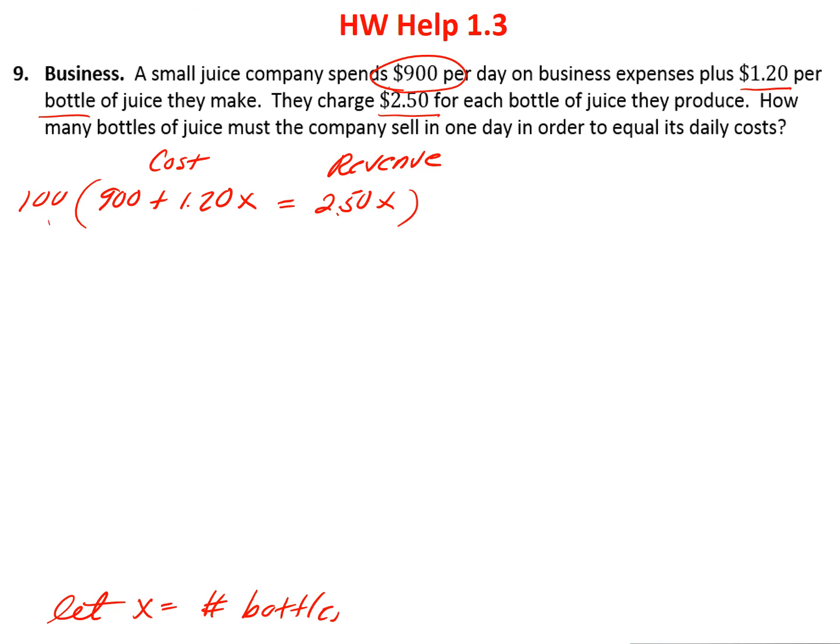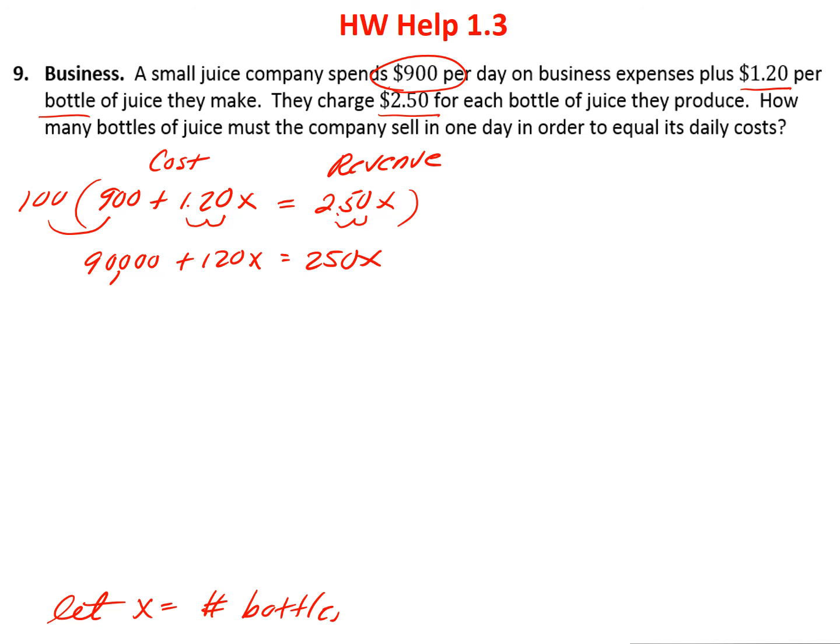Just be careful here. 100 times 900 is going to be 90,000 plus 120x. And remember, multiplying by 100 moves the decimal twice. And same here, equals 250x.